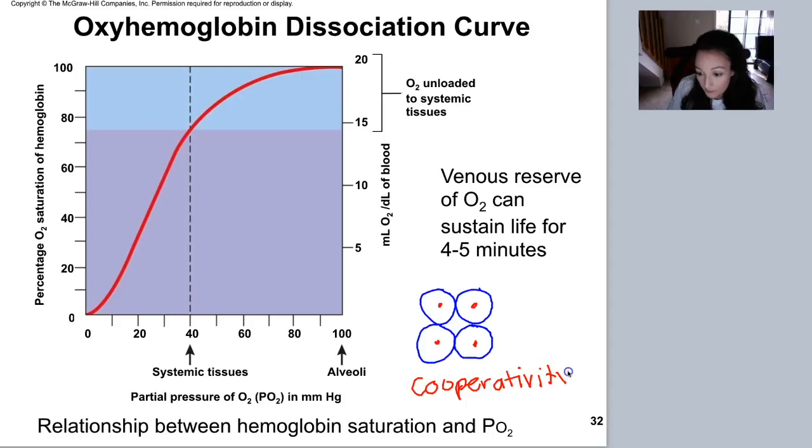where when one of these 4 subunits binds oxygen, let's just say this subunit right here binds oxygen, that one subunit actually makes the next subunit more likely to bind oxygen. It causes this subunit here to have an even higher affinity for oxygen.